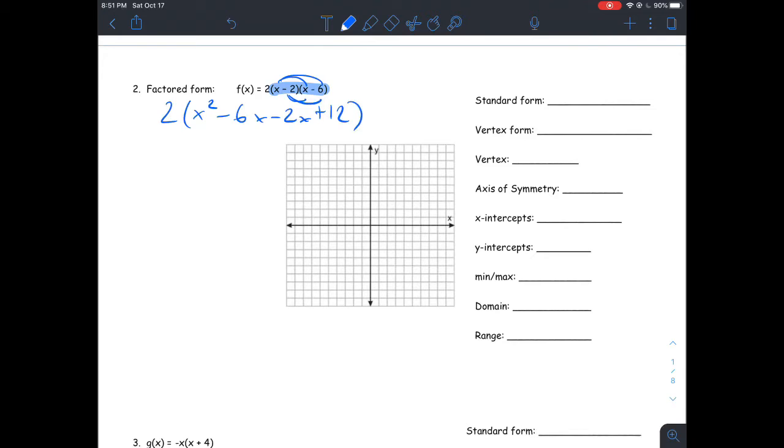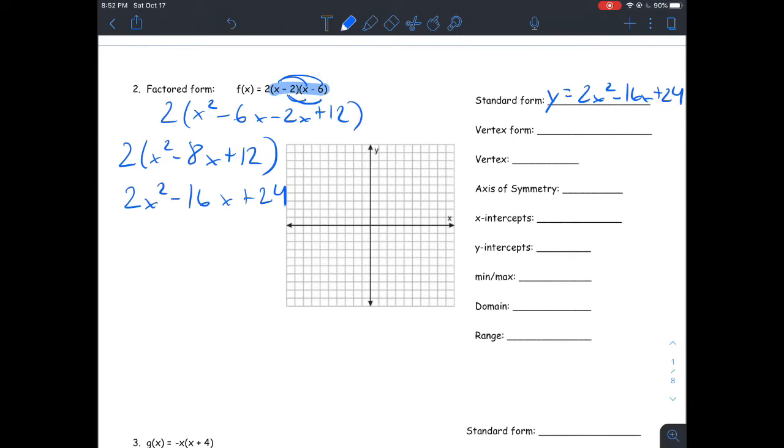Then we can combine like terms. We get x squared minus 8x plus 12. That's going to give us 2x squared minus 16x plus 24. So when we get that, we're going to write that for our standard form, right? Because we got y equals 2x squared minus 16x plus 24.